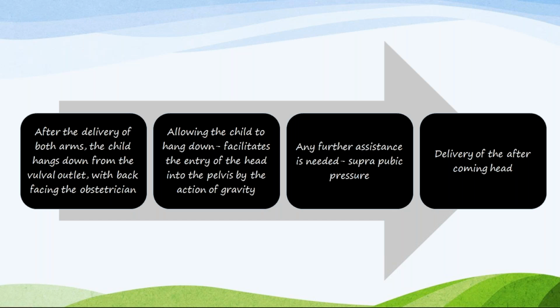After delivery, both arms and the child hang down from the vulval outlet. This is the basic Burns Marshall technique. Let the baby hang so the flexion attitude will be maintained. Then the head is delivered.